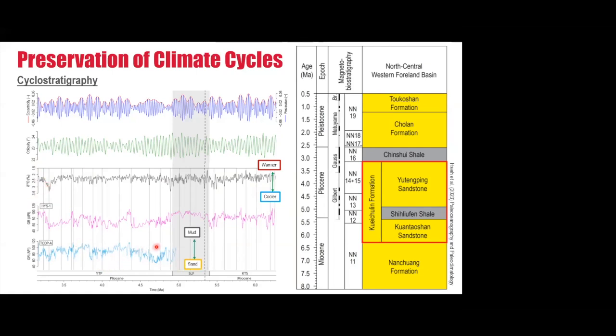High gamma ray values are typical of mudstone-dominated strata, and low gamma ray values are typical of sandstone-dominated strata. So we tuned the gamma ray data to the delta oxygen 18 record based on the assumption that mudstones tend to form under warm and humid climates, and sandstones are related to cool and dry. And the points used to tie these data sets are shown by these vertical gray lines.